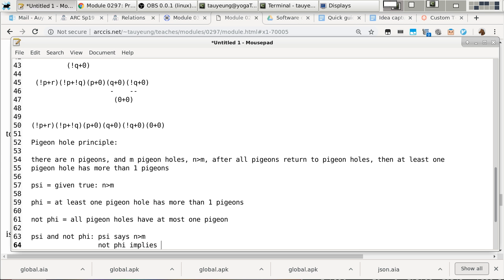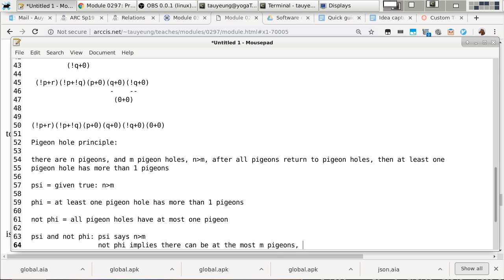So we can only have at the most how many pigeons? We can have at the most m pigeons. Is that making any sense? Okay. There can be at the most m pigeons.